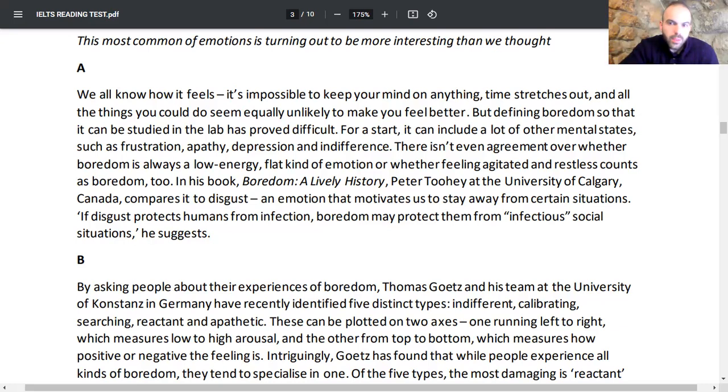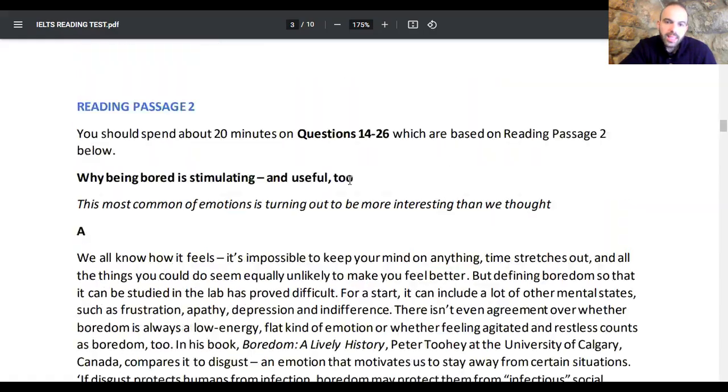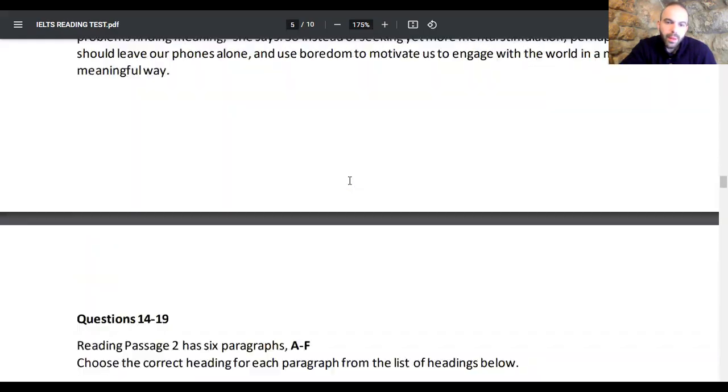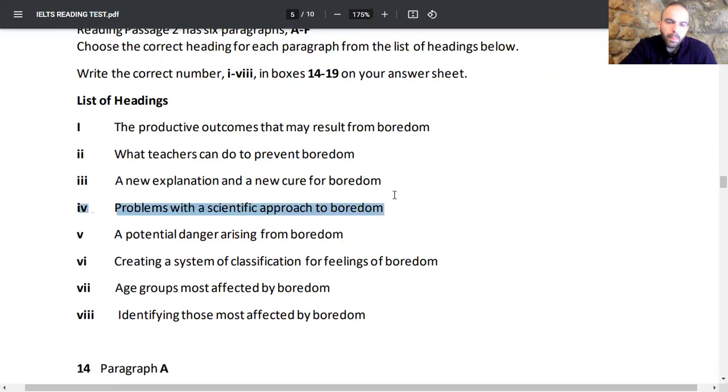it says, defining boredom so that it can be studied in the lab has proved difficult. As you can see, this sentence is completely matching with heading number 4, problems with a scientific approach to boredom.